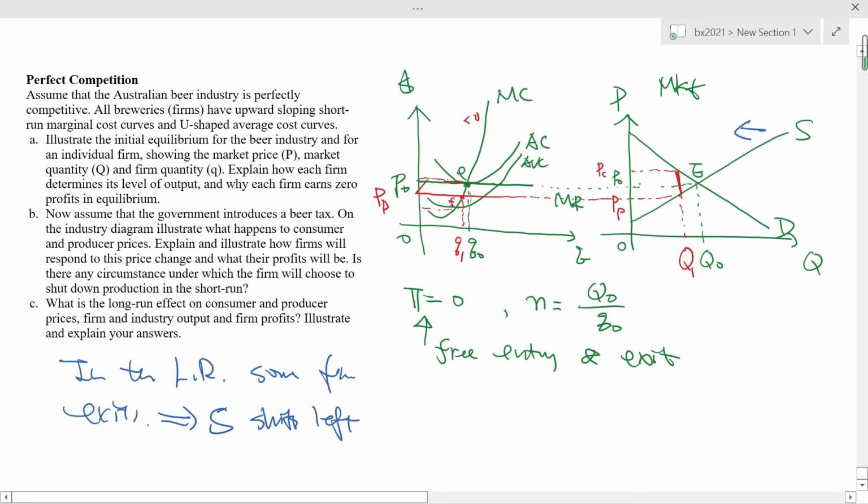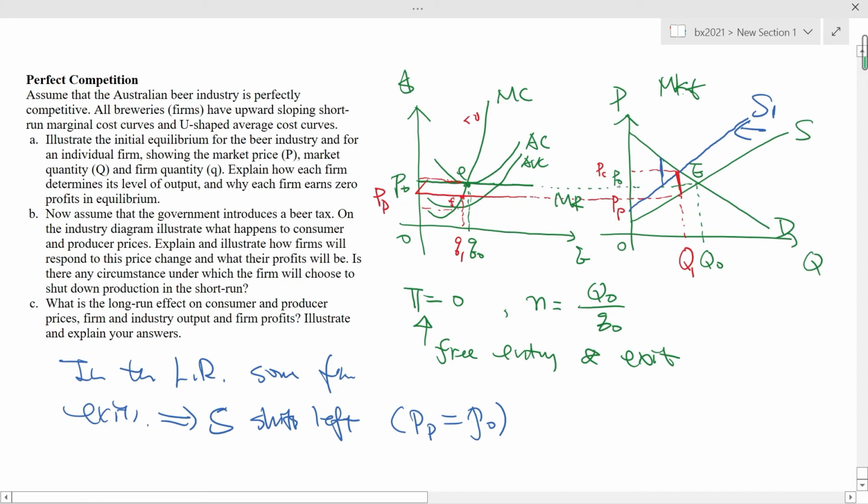It must shift such that every firm earns zero economic profit again, which means the producer price is now equal to P0. Okay, so here is the tax rate. Let me call this S1.